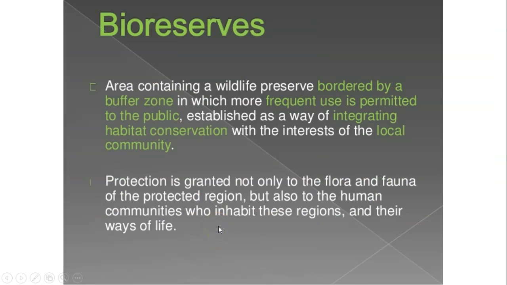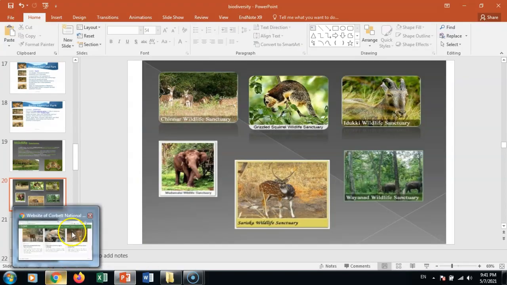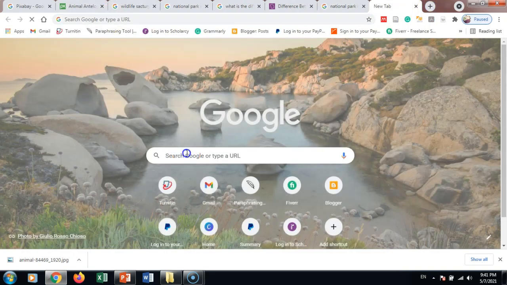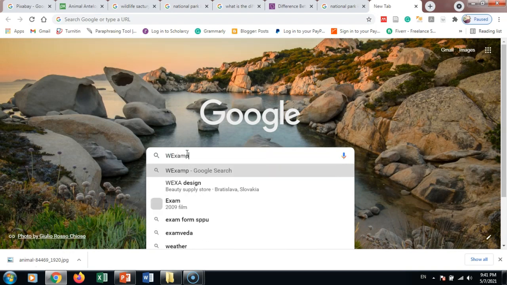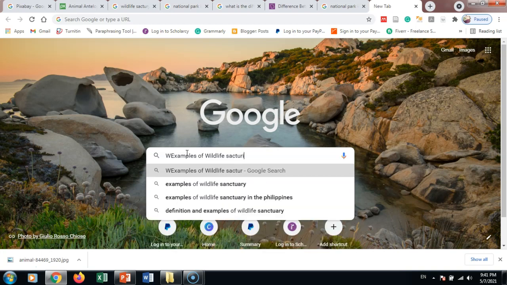Okay, the biosphere reserves start here. Let's escape from the presentation and go towards the browser so we can understand more about the examples of wildlife sanctuaries.